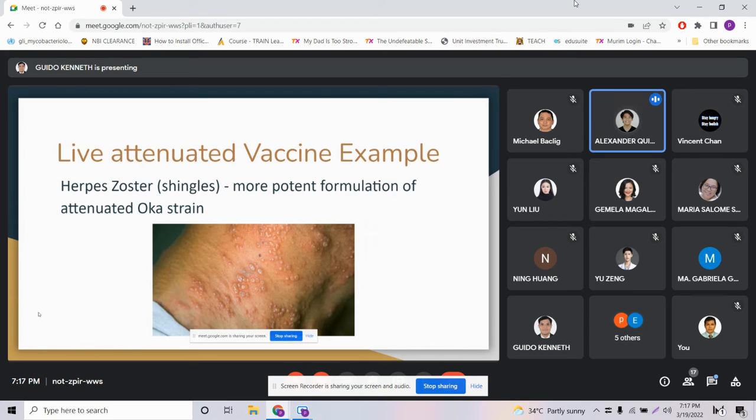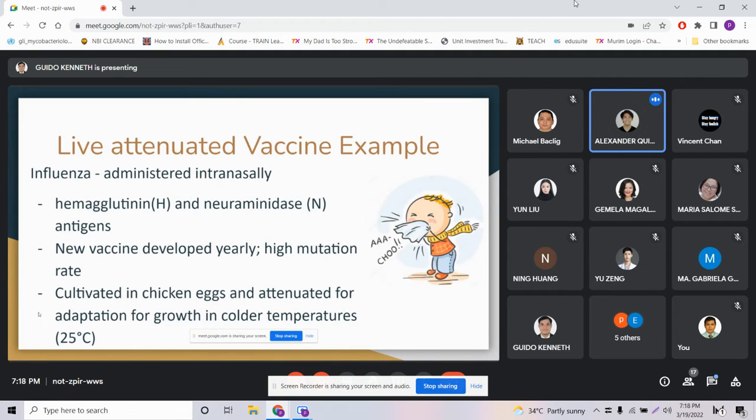So next slide, please. There's also a more potent formulation of an attenuated Oka strain, which is used for herpes zoster or shingles or the adult chicken pox. Okay. Next slide, please. We also have a live attenuated vaccine for influenza, which is administered intranasally.